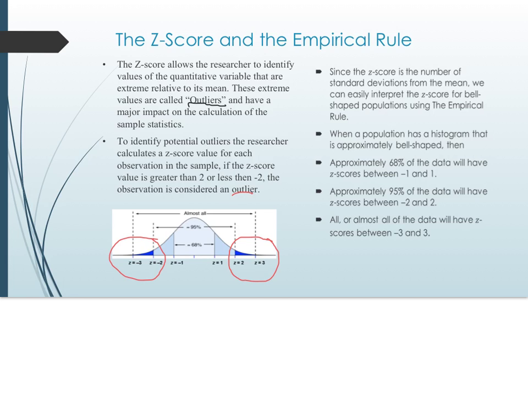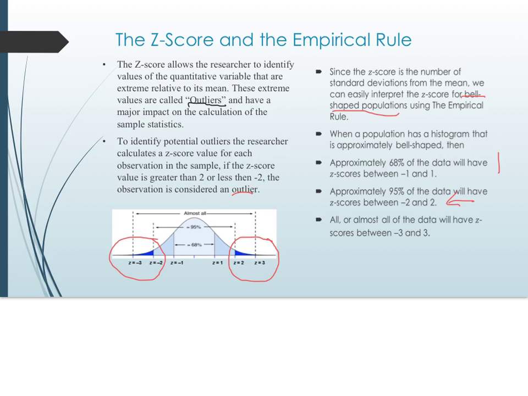Since the z-score is the number of standard deviations from the mean, we can easily interpret the z-score for bell-shaped populations using the empirical rule. When the population has a histogram that is approximately bell-shaped, then approximately 68% of the data will have a z-score between -1 and 1. Approximately 95% of the data will have a z-score between -2 and 2.